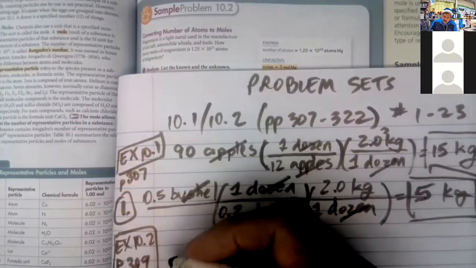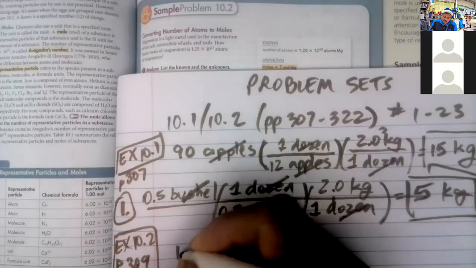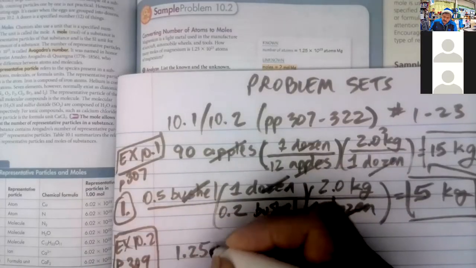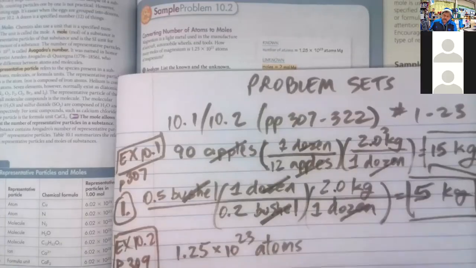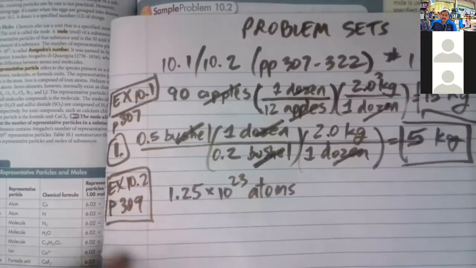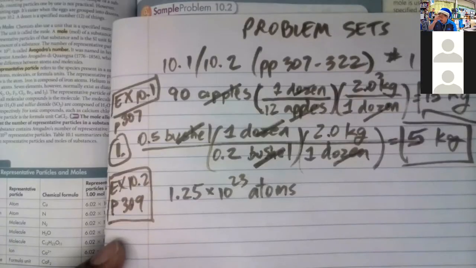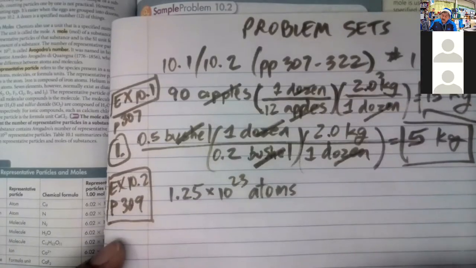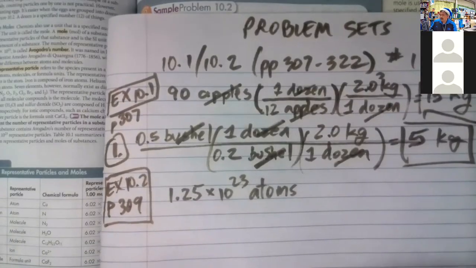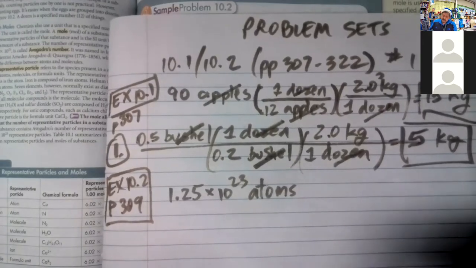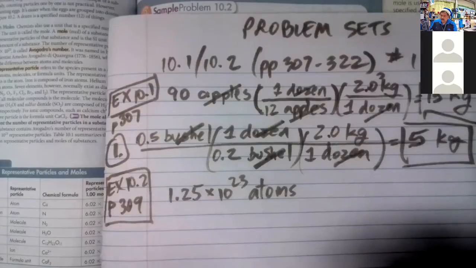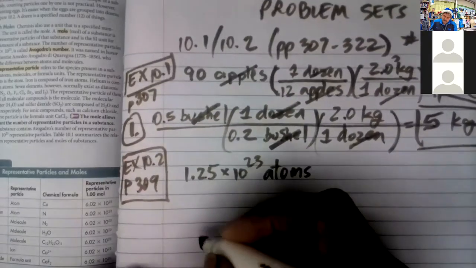So you start with what they give you, which is 1.25 times 10 to the 23rd atoms. And you're going to take that number and use the conversion factor. The conversion factor is that in 1 mole, there's going to be a certain number of particles, and that's called Avogadro's number. I'll write that over here.